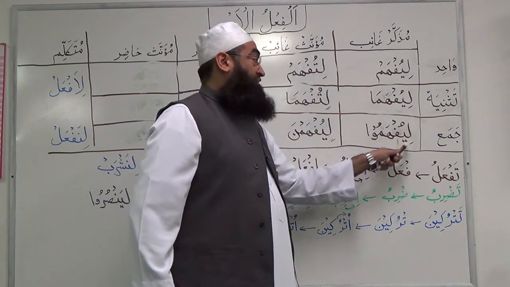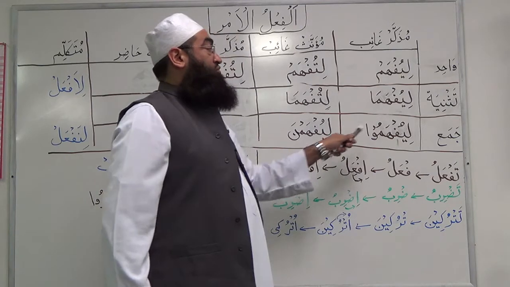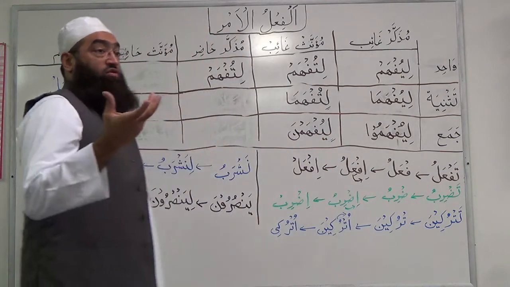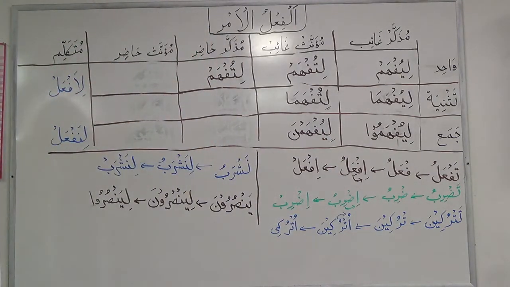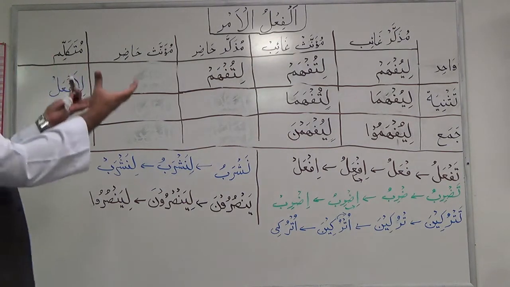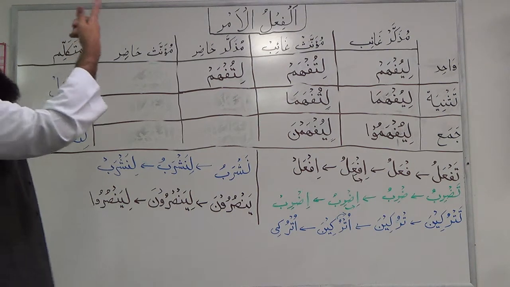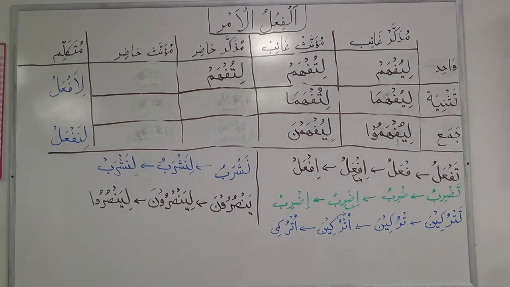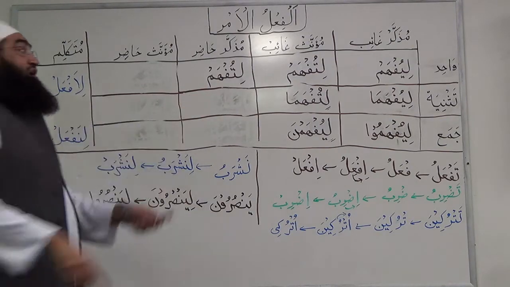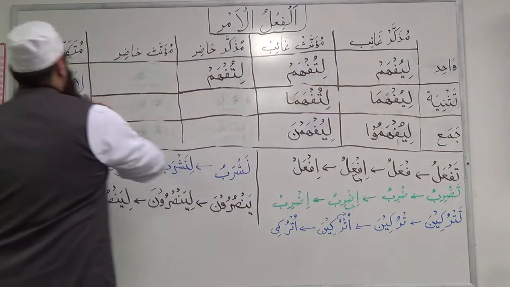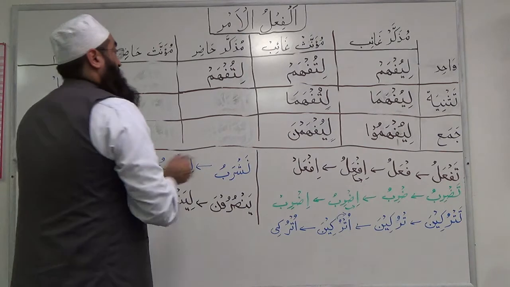All you did was bring the lam of amr and drop the noon, because the lam amr is one of those letters like lam, it drops the noon at the end. So it is the same as mudari, you just have a lam in the beginning. So it's a good question. That's how we got the ta, and that's how we get the ya here, and that's how we get the alif here. So let's go through the whole thing.